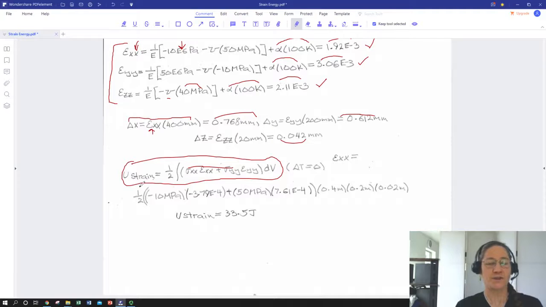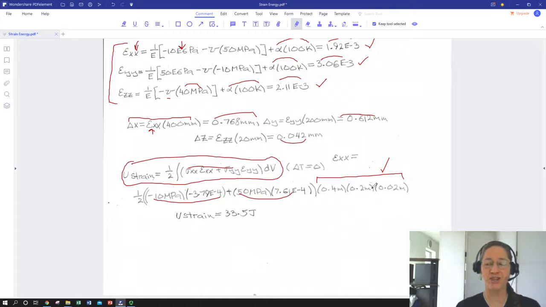So we end up getting 1/2 times our product of stress and strain in the x, and then product of stress and strain in the y, and here's our delta V. Again, because nothing in the integral changed with position anywhere within the volume, we could just pull it out. So here's our 400 millimeters, our 200 millimeters, and our 20 millimeters expressed in meters.